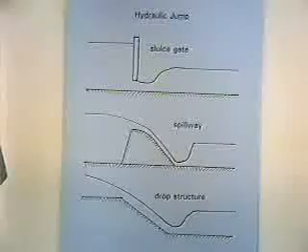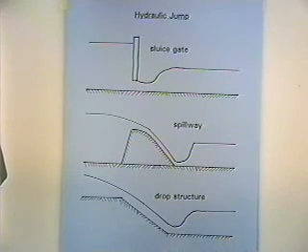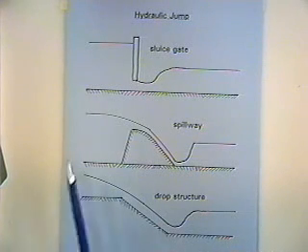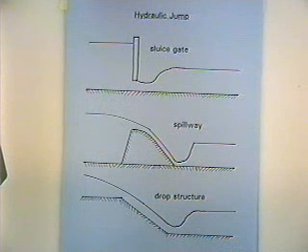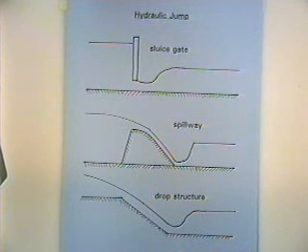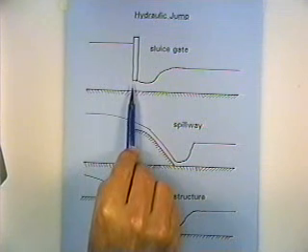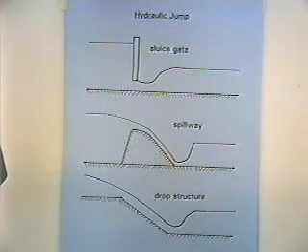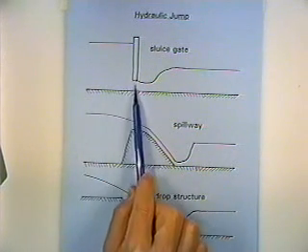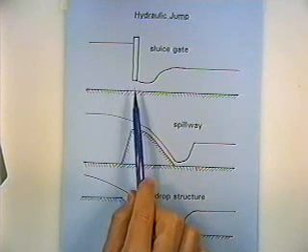And here we're just looking at some physical situations that might cause a hydraulic jump. Here we've got a gate, and you could picture that as being a highway culvert, water coming out of a culvert, water coming through a sluice gate of a dam, any type of a situation where you've got water ponded and there's some sort of a gate through which the water's flowing, and this constriction is causing supercritical flow.